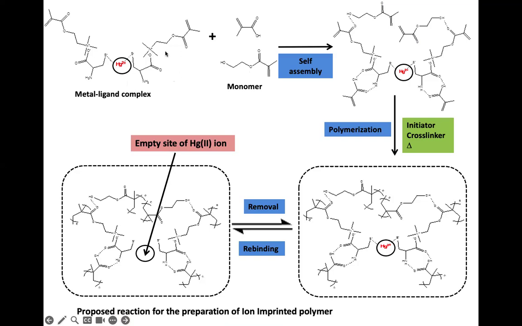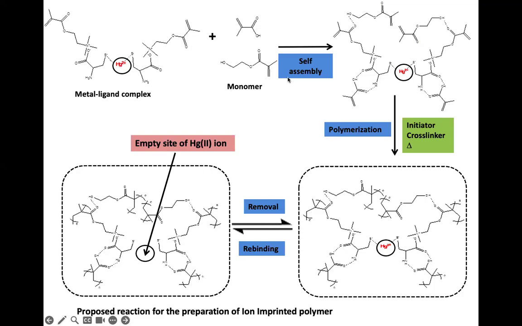We also add ligand, okay, because this ligand has high affinity towards mercury, because mercury loves sulfur. So in order to have better rebinding with mercury, instead of just monomer, we add some more additional polymerizable ligand.